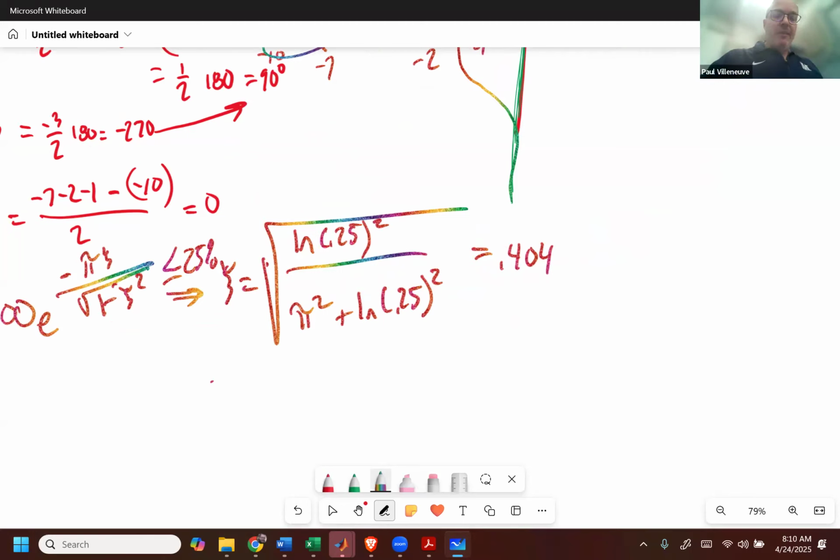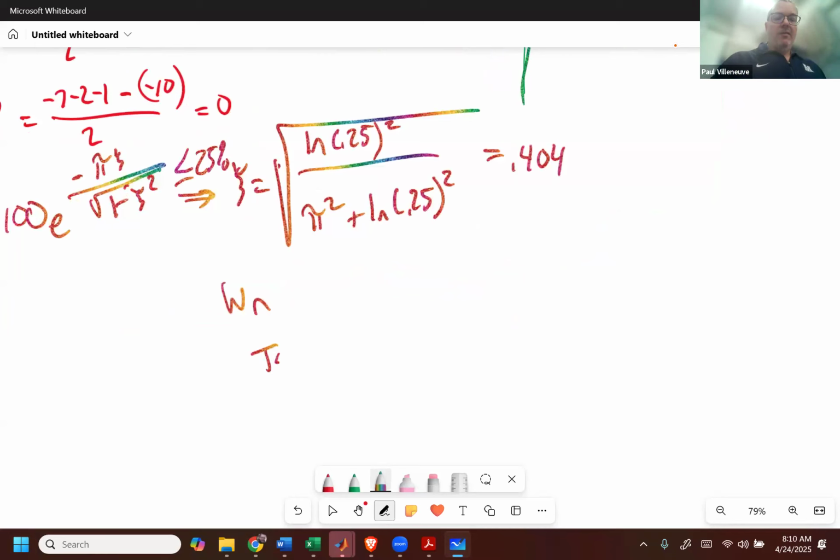Now my omega sub n, right? I want my settling time to be less than 10 seconds. So my settling time is going to be less than or equal to 10, which is going to be less than or equal to 4 divided by omega n zeta.